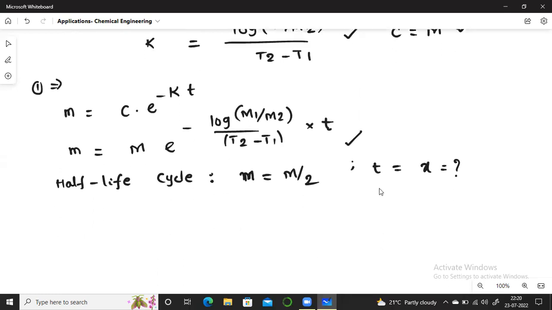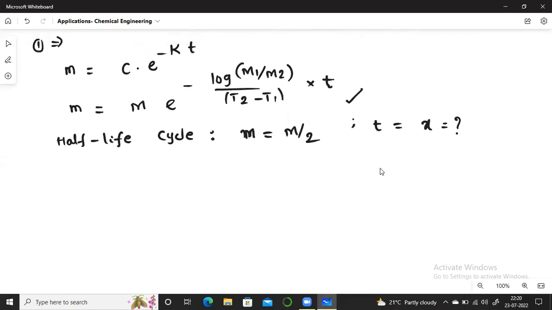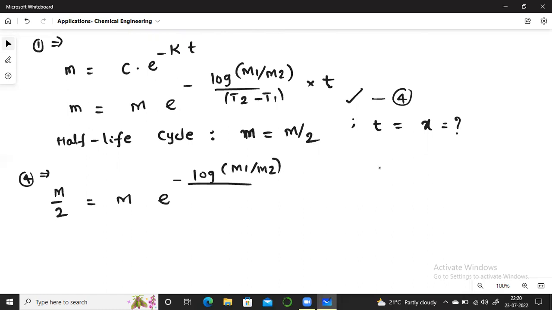So you put this in the fourth equation, small m is equal to M over 2. From the fourth equation I am writing M over 2 is equal to capital M into e to the power minus logarithm of m1 over m2 over t2 minus t1 into t. Here t I am taking as x, that I am going to find out.